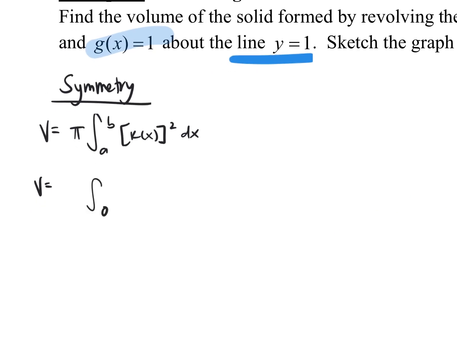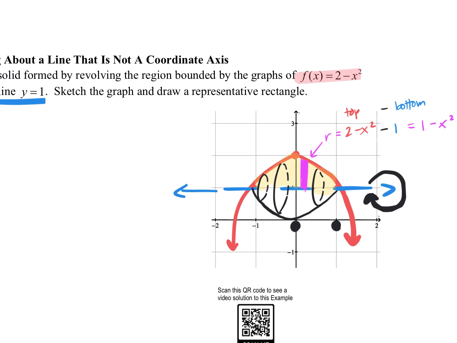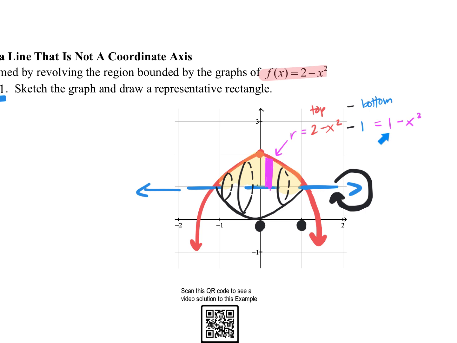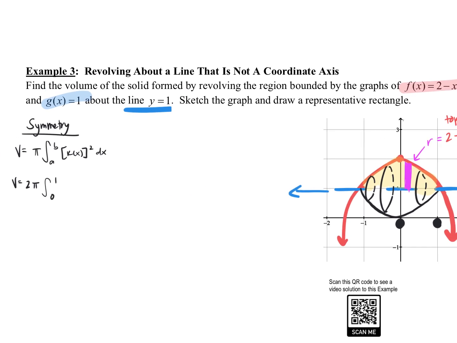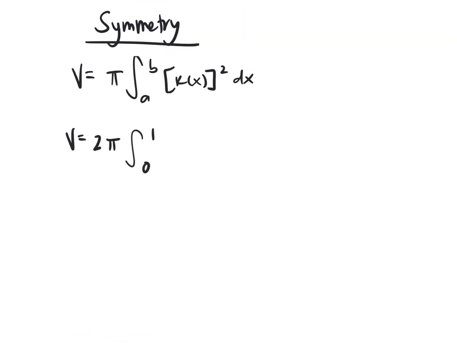And then we're going to multiply that by 2. And then my radius, my r of x function, I can go ahead and plug in there. That's my 1 minus x squared piece right here. So I'm going to plug this in to my equation: 1 minus x squared, squared.